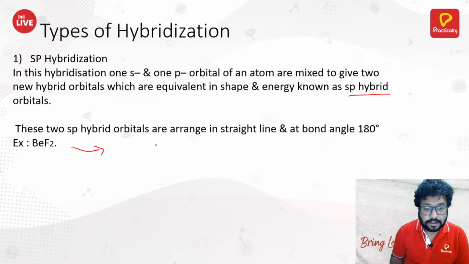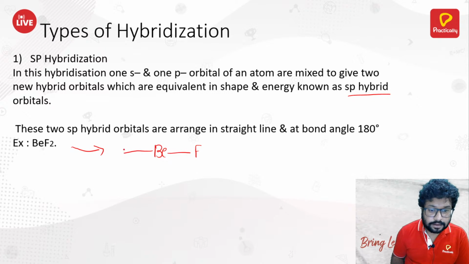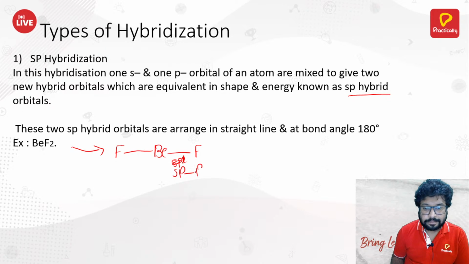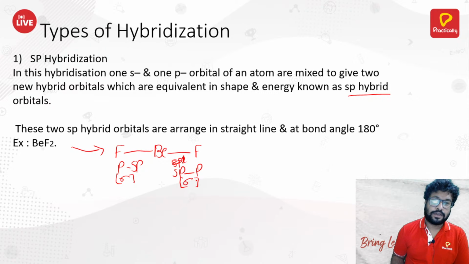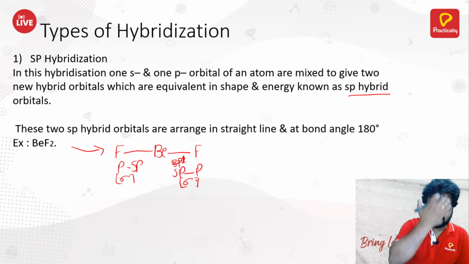Remember, we had seen BeF2 here. sp, sorry, not sp2, sp: s-p-p sigma bond. That's how you get the sp hybridization.